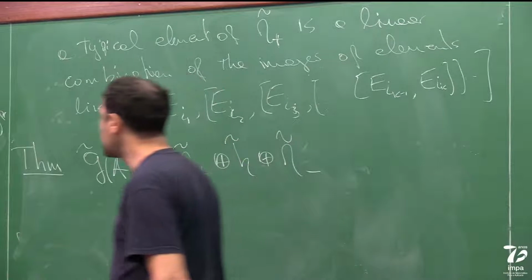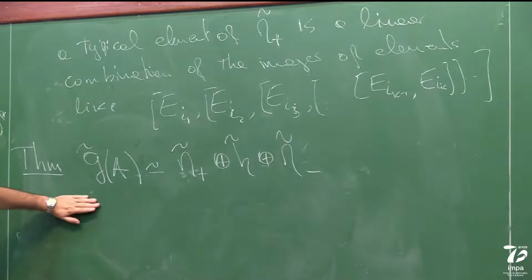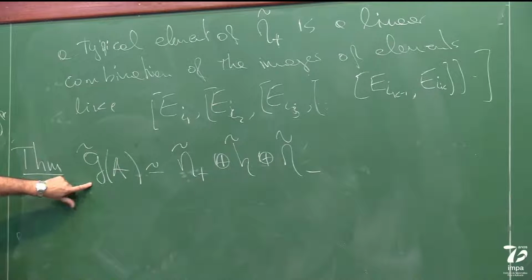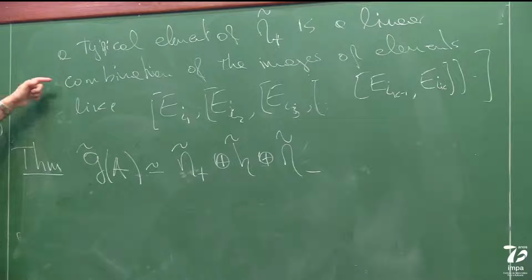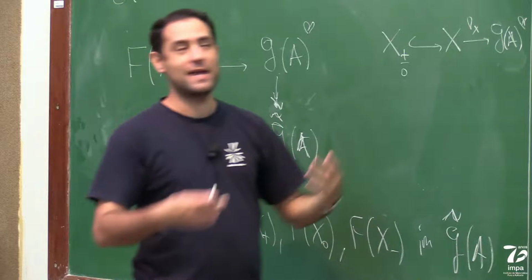So this is the important statement. A typical element of G tilde of A is a linear combination of images under the quotient map of elements like what?